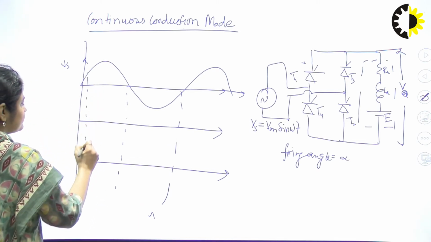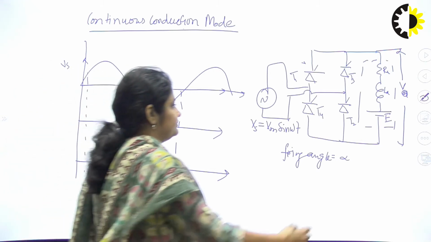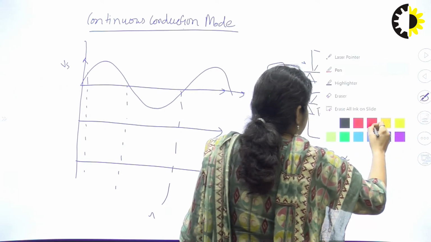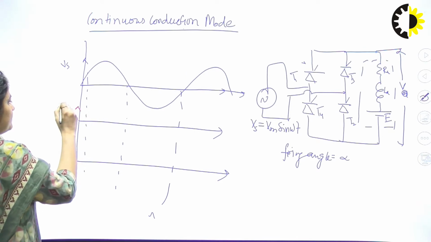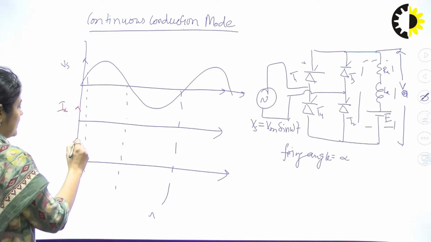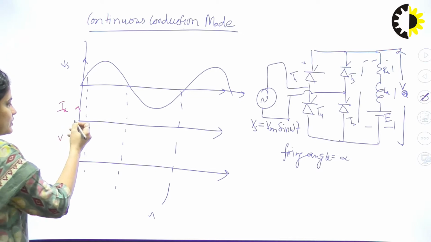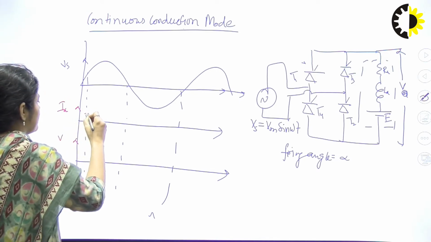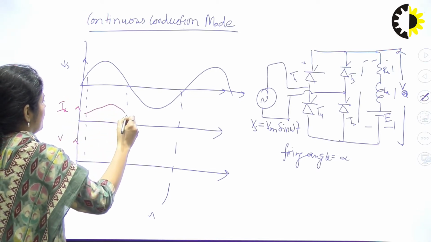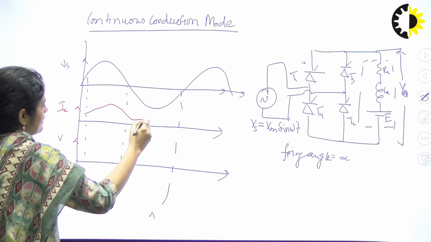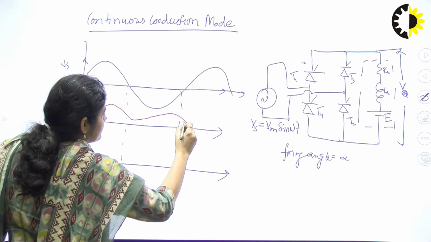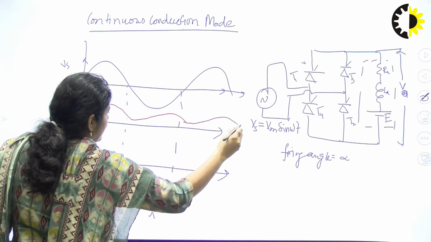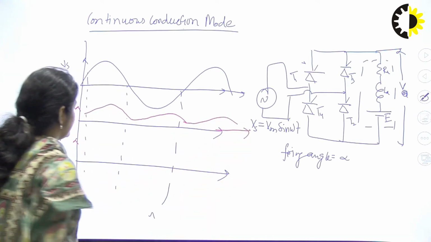Here I am drawing the armature current and the output voltage. The armature current is continuous, and it is not in phase with the voltage, because the circuit has inductance also, right?